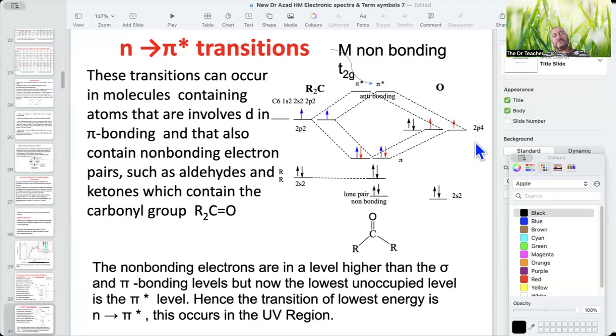Oxygen has 6 electrons in the valence shell, 2s2 and 2p4. So this one is not involved in bonding, and for the other one, you can see there is a pi bonding between p and p. And here, the rest, you see 2 electrons with 4 electrons will make 6.